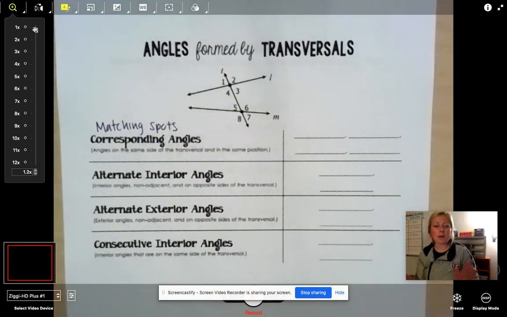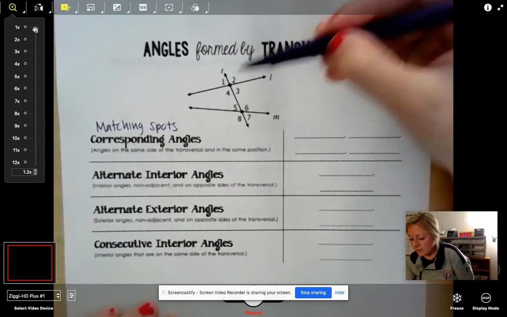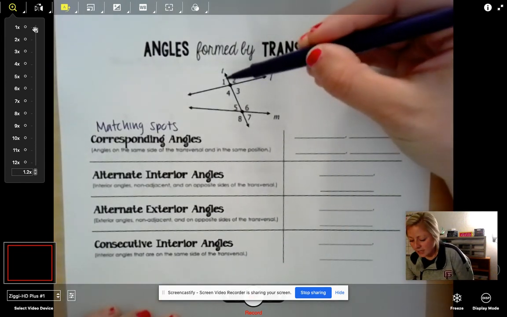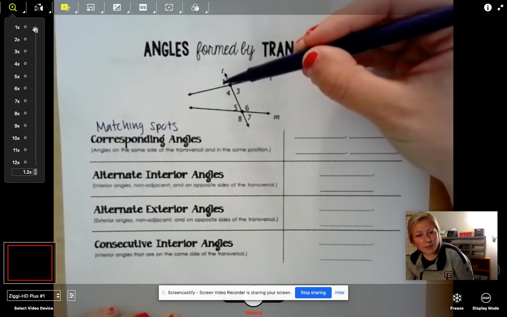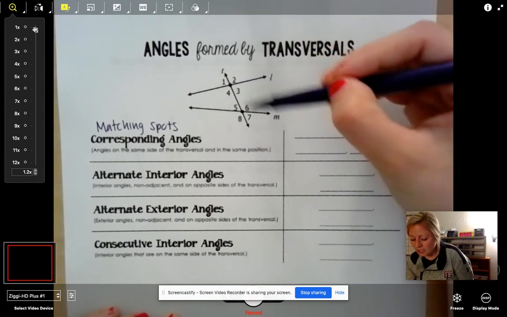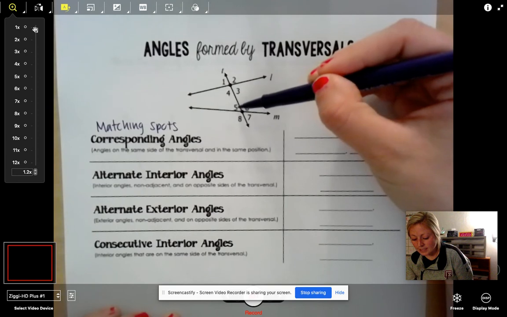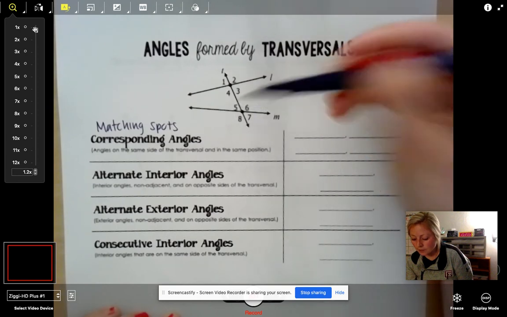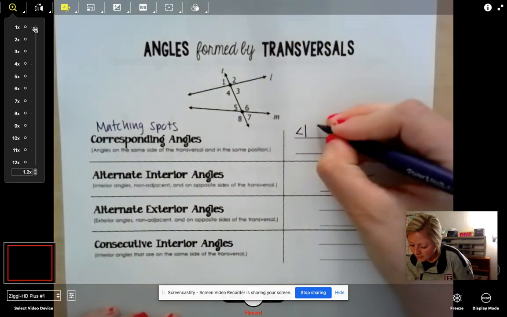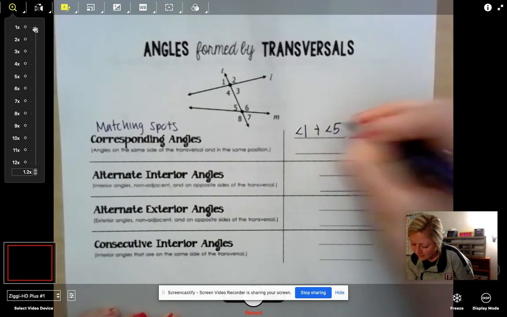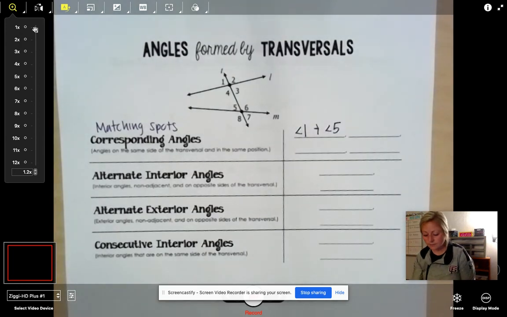You can add that if you want. It might be helpful. If we look at these 4 angles right here, do you see how angle 1 is in the top left corner? Which angle would match that in these 4? I hope you're thinking 5, because it's in the top left corner of these 4. So angle 1 and angle 5 are corresponding angles.